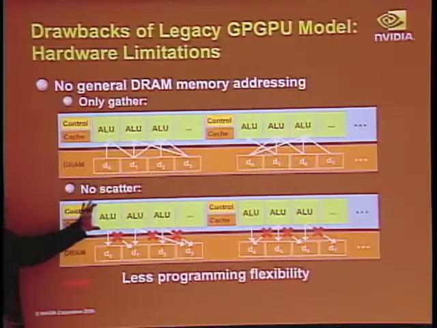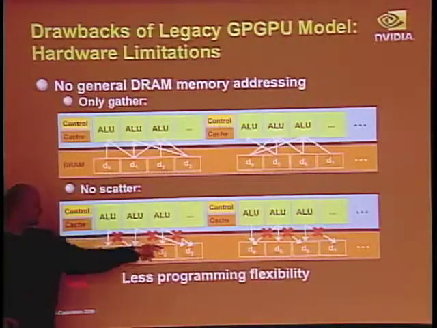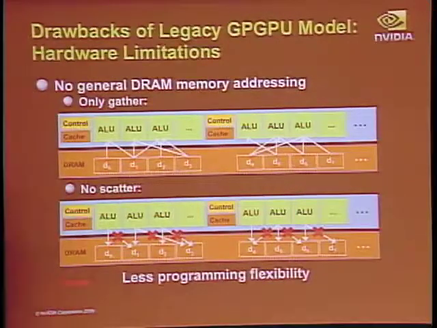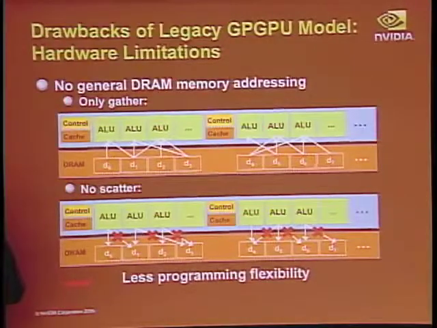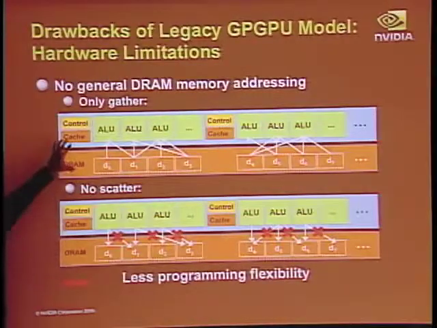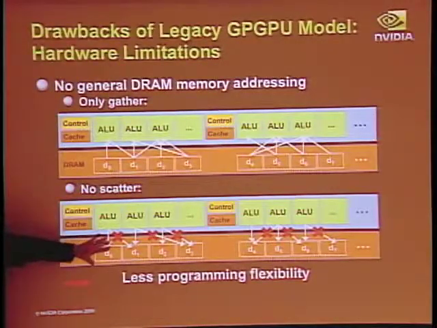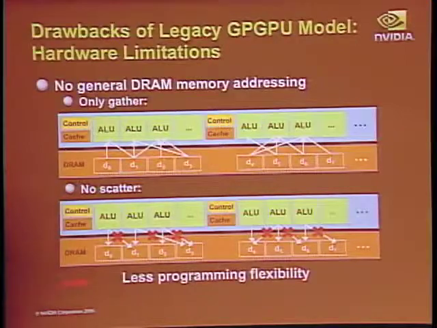We can't take a value from our ALU and write it to a different bank of DRAM. In fact, the only way we get to write back to DRAM at all is that we write back a color and a depth at the end, but then we're only writing back to our own pixel. We can't write a fragment program that lets me write back to somebody else's pixel. So we have gather, not scatter, in a traditional GPU. That's a drawback.